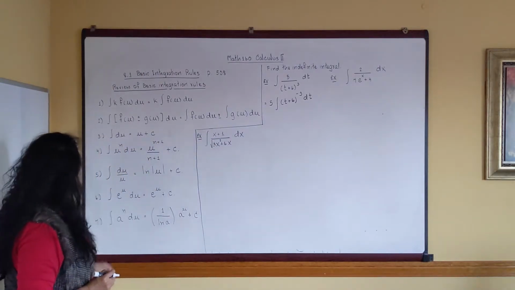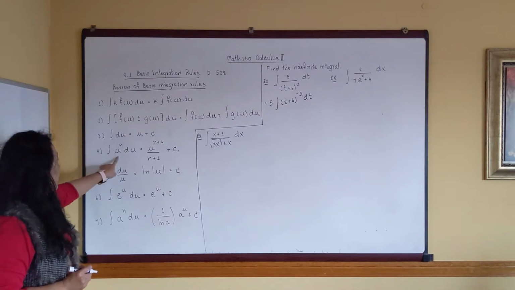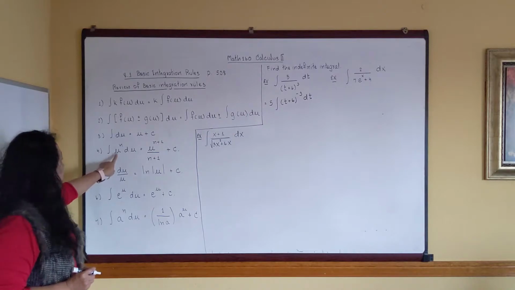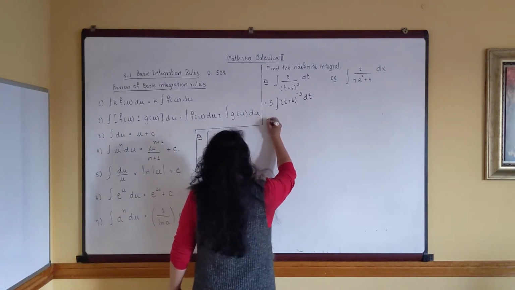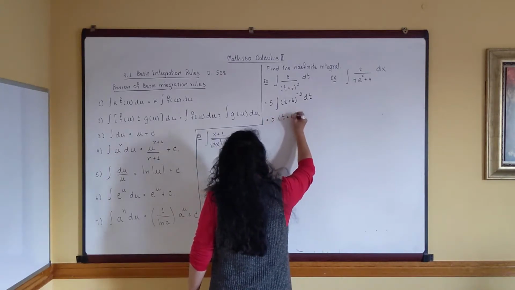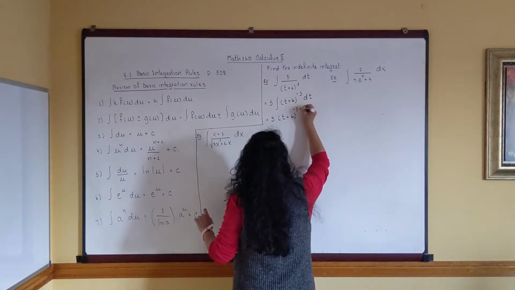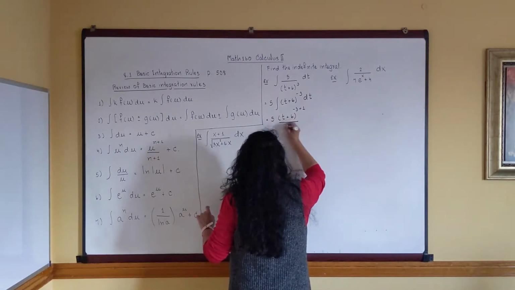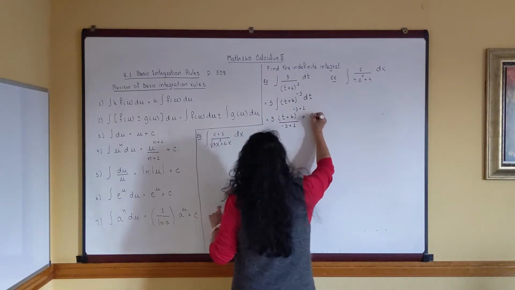And the reason I do that is because I want to use property number 4. I have u to the n. My u here is t plus 6. My n here is negative 3. So this is going to equal 5 times t plus 6 to the negative 3 plus 1, over negative 3 plus 1, plus c.